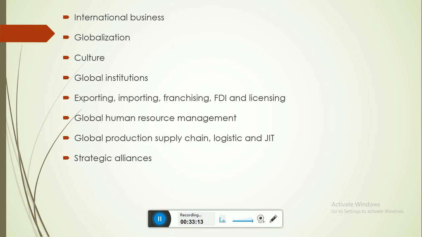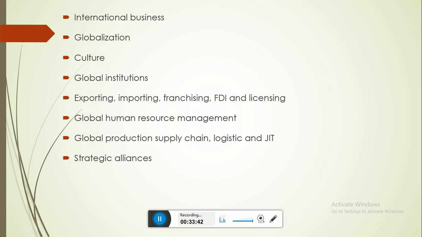Furthermore, we have discussed global human resource management. We have discussed the different staffing policies, ethnocentric, polycentric, and geocentric, that are very well known in global human resources. We have discussed why companies are recruiting nationalities from different parts of the world, their diverse workforce, and many things regarding global resource management.